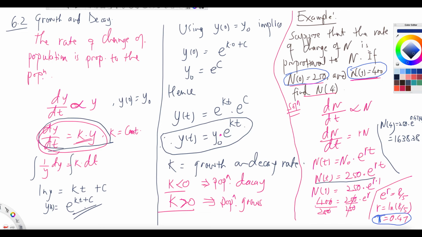Now to find n at 4, I'm plugging in r equals that value and t equals 4, and I get 250 times e to the 0.47 times 4. So after 4 years the population will become 1639 almost, right? That's what we get.